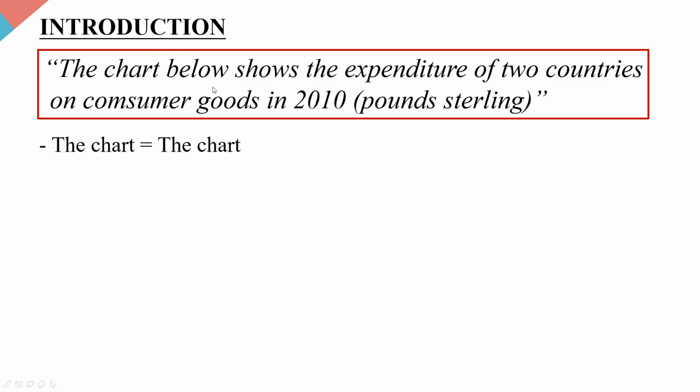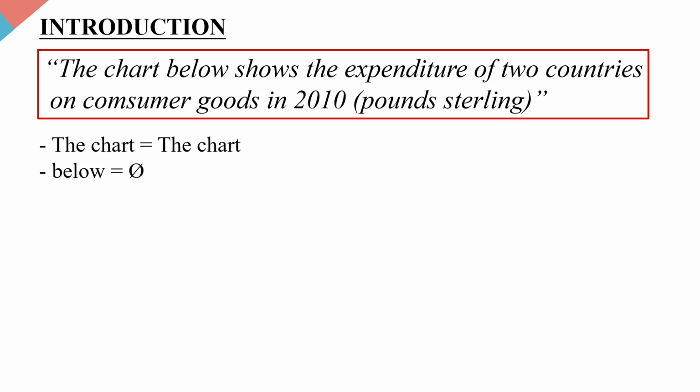Then we have the word below. We should not rewrite it because this is the topic statement, and we have the chart. However, in our answer sheet we don't have the chart below, so the word below we can delete. Next we move to the word show.